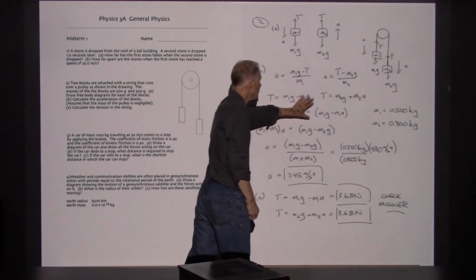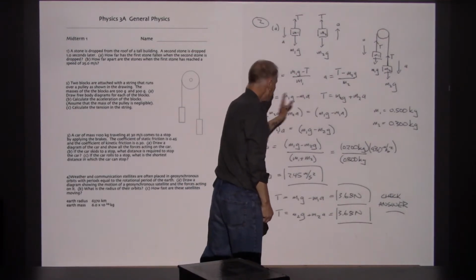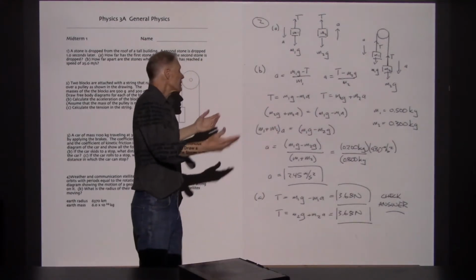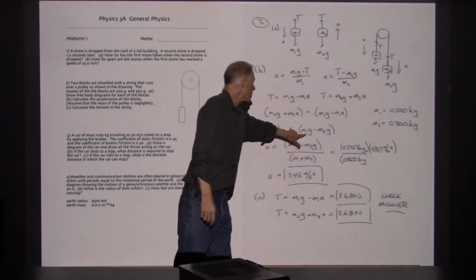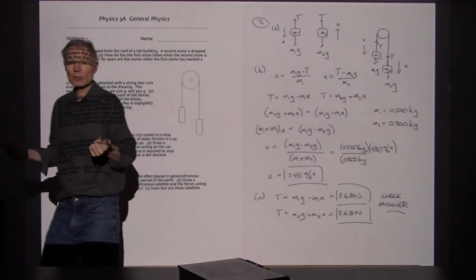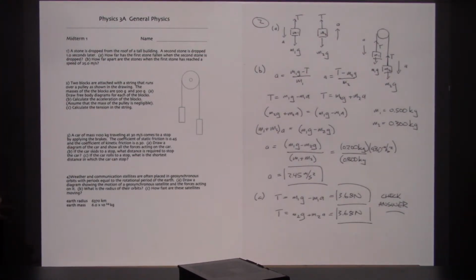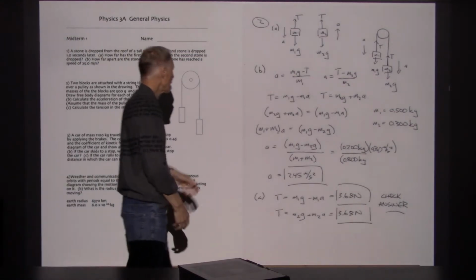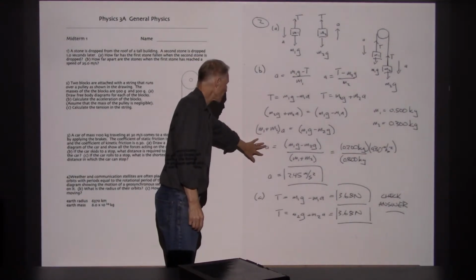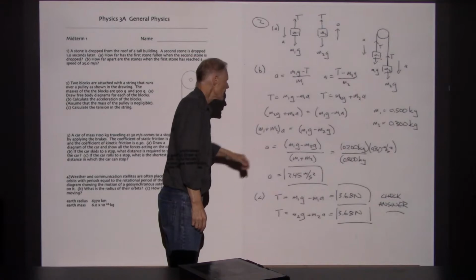I'm taking all the remaining terms to the other side, and what I can see is the terms on the other side are the two gravitational forces, M1g and M2g. And then finally solving for the acceleration here.